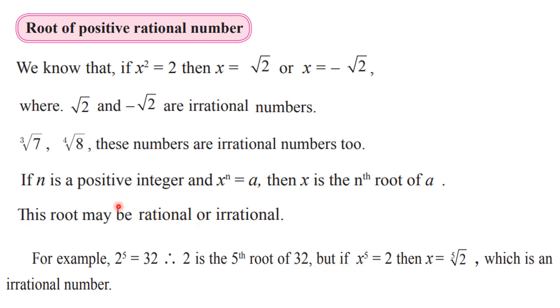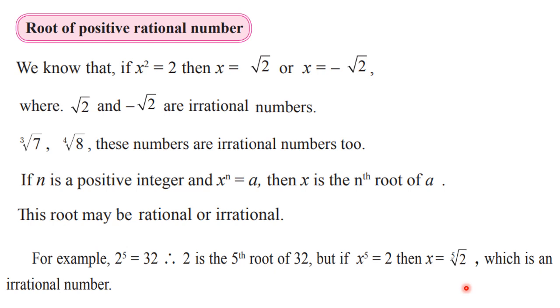Okay, so what you have to keep in mind in a nutshell is that inside the root sign you should have a positive number. You cannot have a negative number inside. We have studied that if we have a negative number inside the root sign, then it is not a real number.